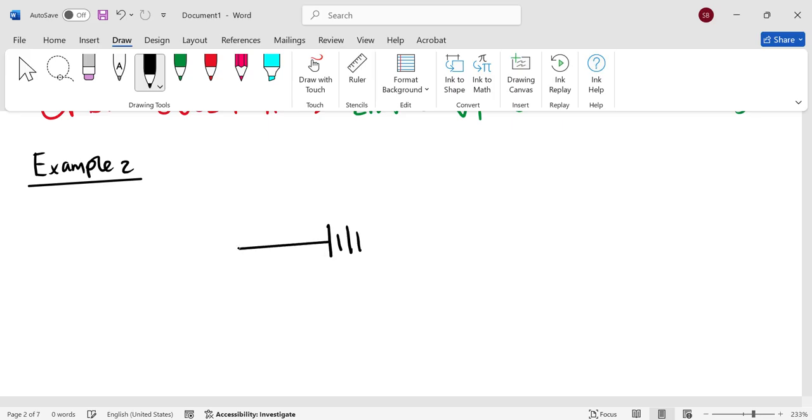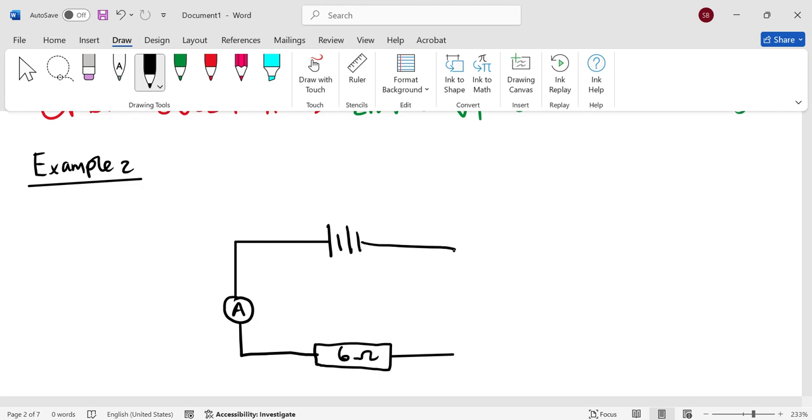And it has an ammeter here, so that's ammeter A, and it's connected to a 6 ohm resistor. I always have trouble drawing these things, so I want to be careful when I draw them.